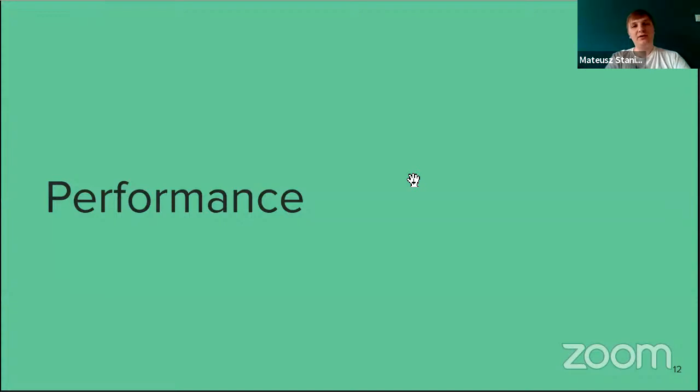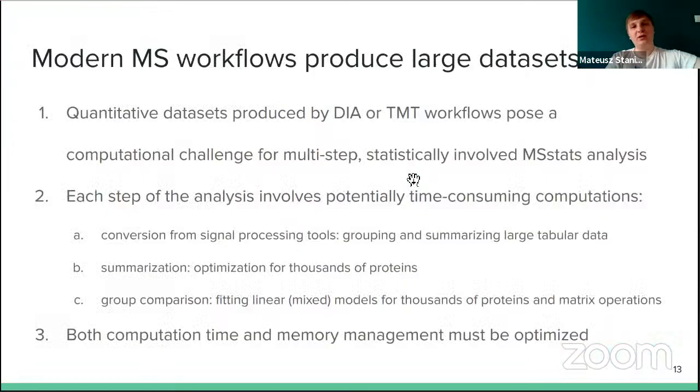Another concern was performance of the code. So like I said, the modern workloads generate more and more data, which is a challenge for MSstats, which is really statistically involved, because there are various steps in the analysis with MSstats that are really involved computationally.